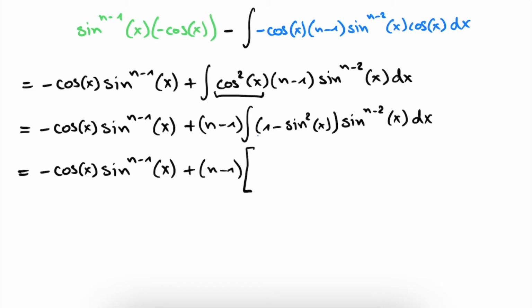So this first integral we get from multiplying this sine to the power of n minus 2 with this 1. So we get the integral of sine to the power of n minus 2 of x dx.